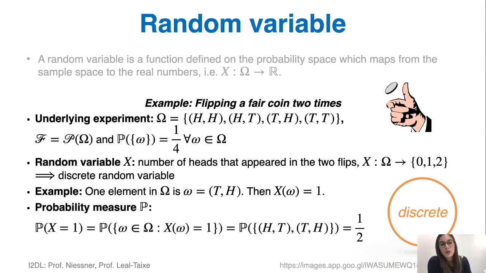And here you can also have a look at our probability measure that we defined up there. And again, I want to talk about what it means to write P of X equals 1. Here again, X equals 1 is just a description for a set. And the set here is the set of all omegas in our sample space omega, such that when I put this omega in my random variable, I get the number 1. So I have to look at all possible outcomes in my sample space and see which ones result in my random variable being the number 1.